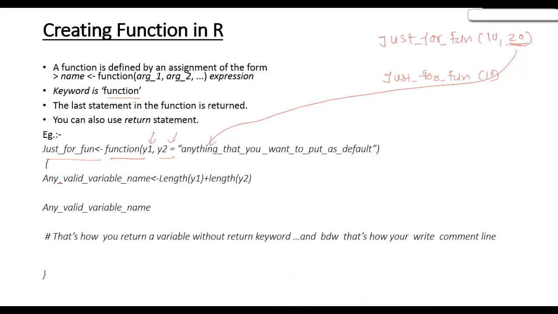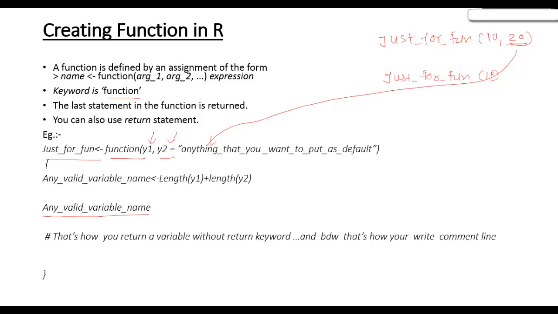Then you can do whatever you want as your function body. And finally, let's say this is the variable that you want to return as the result of the function. Just write the name of the variable at the end.